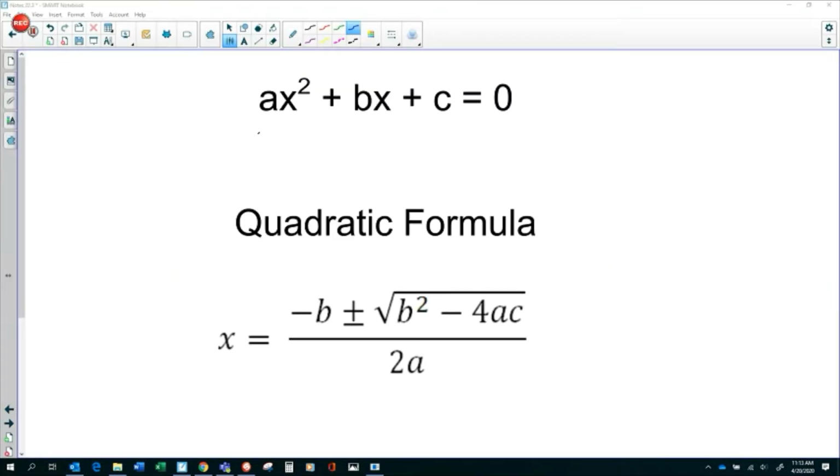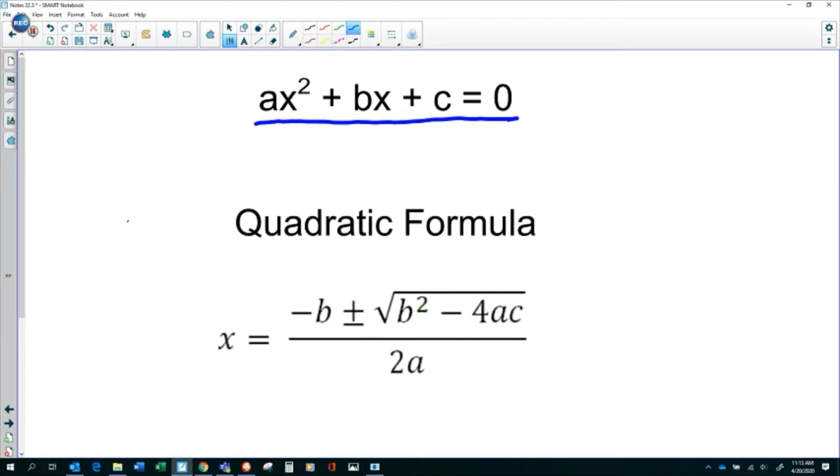Here's the quadratic formula. We start with taking the standard form of the equation, ax squared plus bx plus c equals 0, and solving it for x. That means moving everything over to the right side, and that's how we get the quadratic formula.